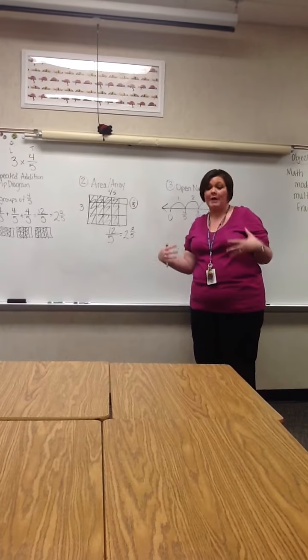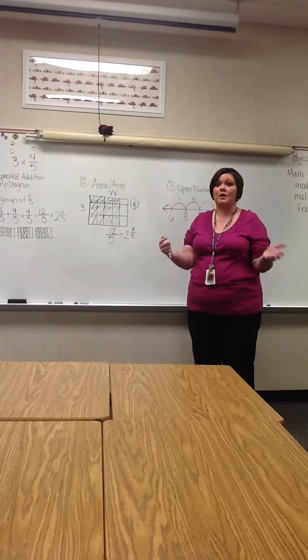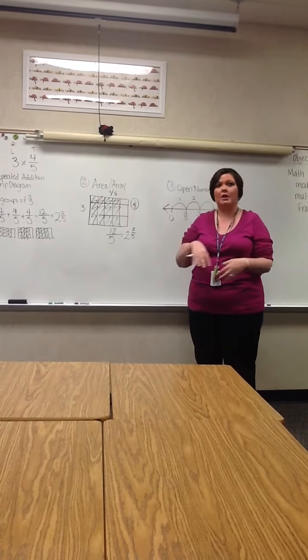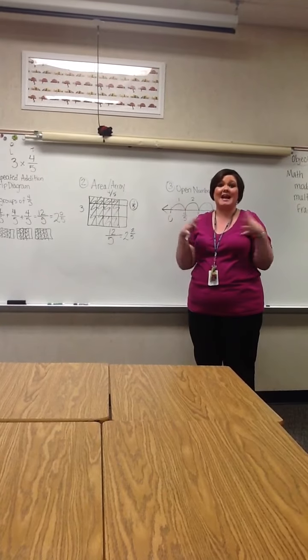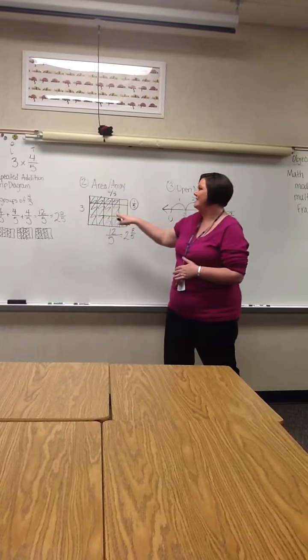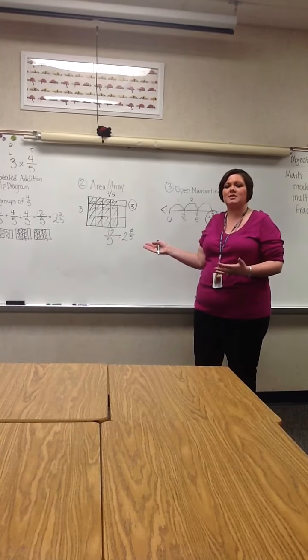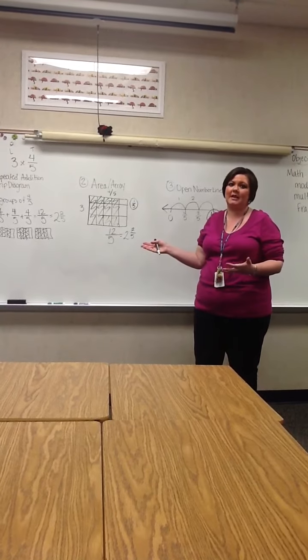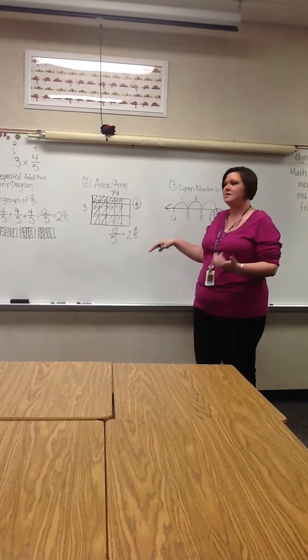Now, when I was growing up, they just told us the standard algorithm. They told us to multiply the numerator times the whole number and divide it by the denominator. And that's awesome because that is the algorithm. This is why it works, though. And that's really what we want students to be able to see and understand, how it works and why it works.